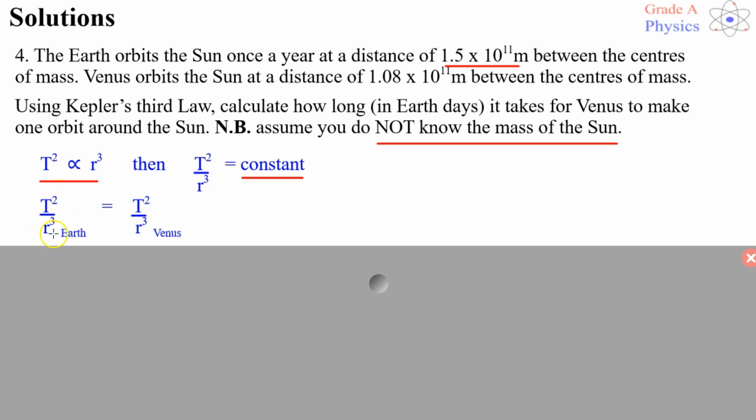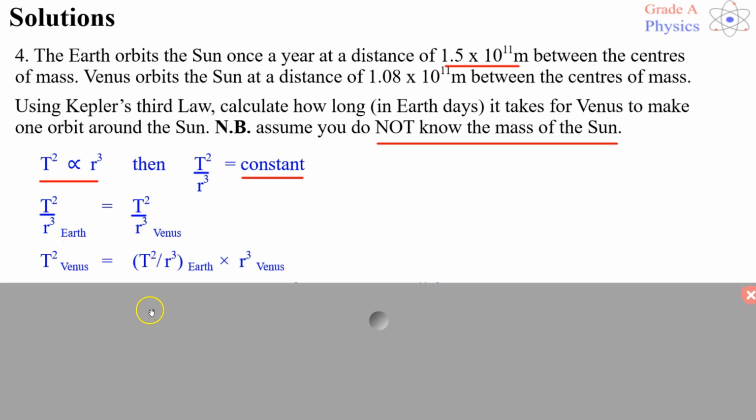So T squared over r cubed for Earth, so that is the orbital time period of Earth divided by the mean distance cubed of Earth, will be the same for Venus. So the time period of Venus squared divided by r Venus cubed. So now we know 3 of these values, and we can work out the unknown fourth.